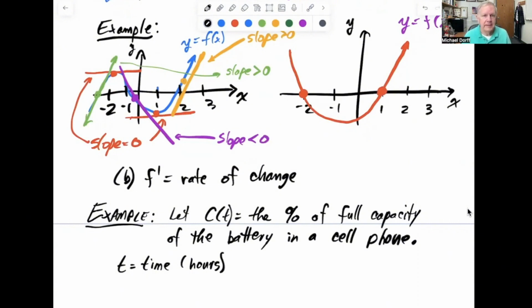What happens if I plug it in and I increase it with time? Well, if I'm charging it, then after 1 hour, that percentage is going to go from 10% to a larger number. After 2 hours, it's going to get larger. It's going to keep increasing until I get to about 100%. It's not going to go above 100%. You can't charge it to be something larger than 100%, but you can charge it up to 100%.